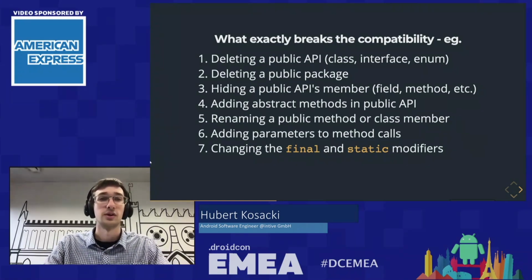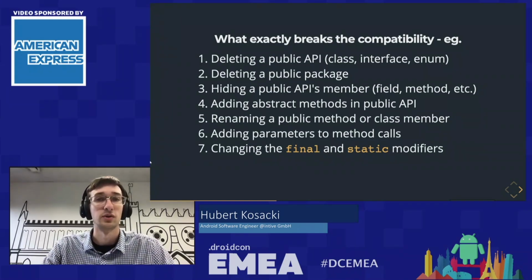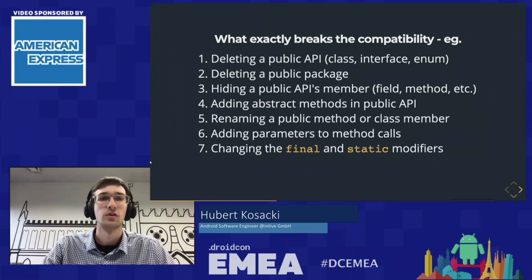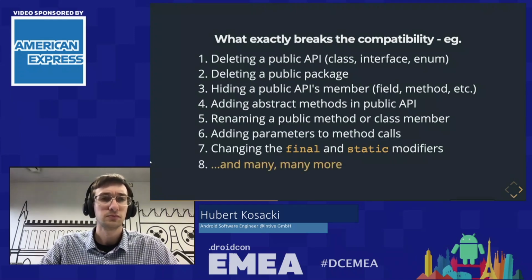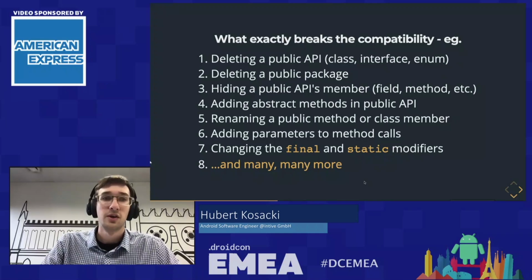And if we add the final keyword to some of the methods that we expose in our library, we prevent the methods from being overridden, and we again have issues in the code base we are maintaining. And there are also many more cases that will lead to binary incompatibility.